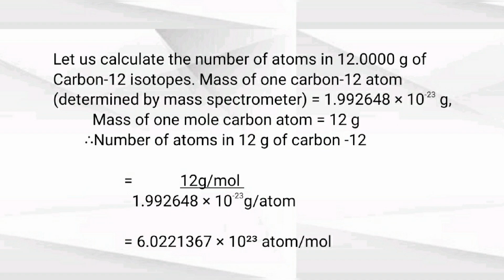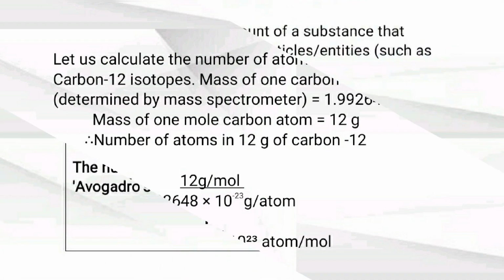So the number of atoms in 12 gram of carbon equals the mass of 1 mole of carbon atoms divided by the mass of an actual carbon atom, that is 12 gram per mole divided by 1.992648 into 10 to the power minus 23 gram. Result will be 6.0221367 into 10 to the power 23 atoms per mole, or we can say 6.023 into 10 to the power 23 atoms for 1 mole.